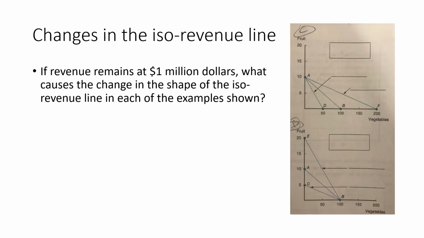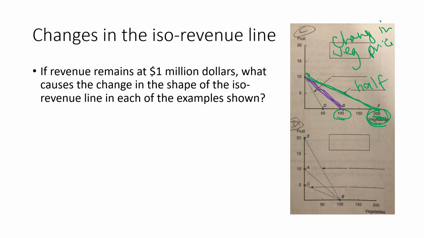The ISO revenue line can also not do a complete shift, but one of the points can change, and these would be a result if the original ISO revenue line is this and then it changes to this. We're changing the price of vegetables. So the price of vegetables, if now it takes us 200 cases of vegetables to make the same amount of revenue as it previously did 100, that means our price was cut in half. So this is going to be a change in vegetable price.